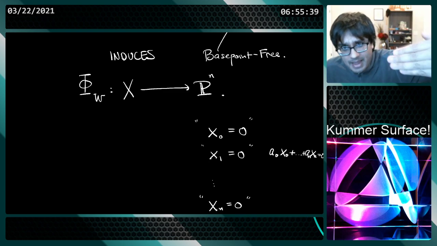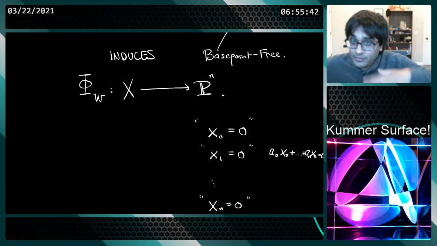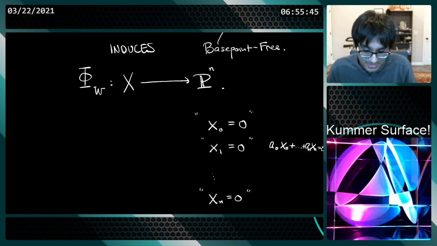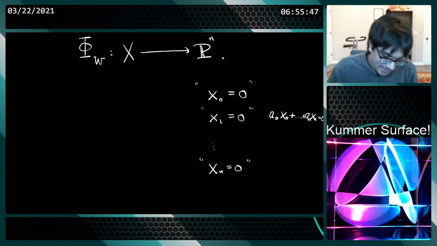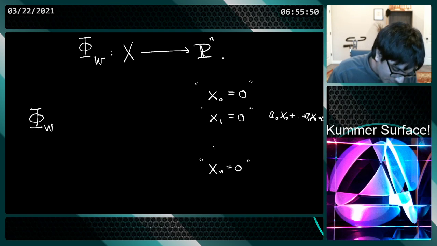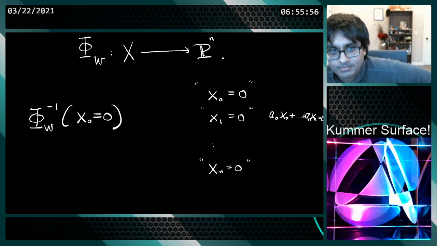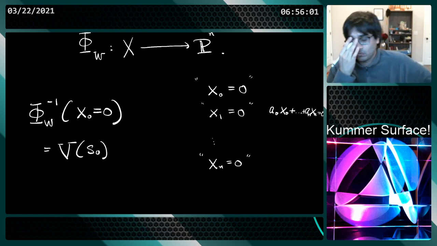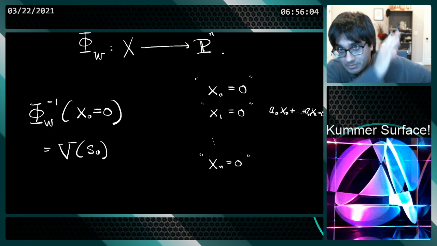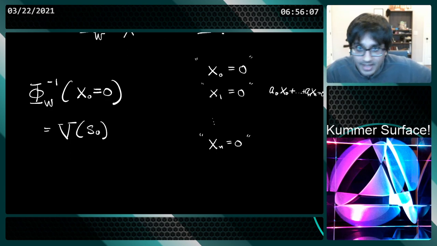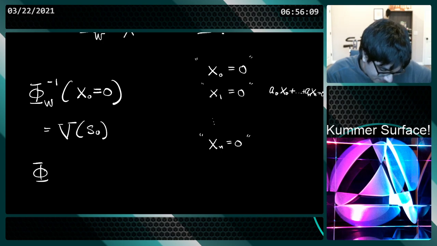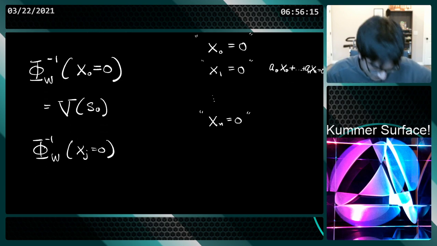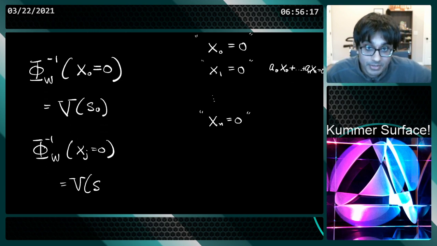Then the way this map is defined, if you wrote it out in charts and so on, is that if you look at the scheme theoretic preimage of this hyperplane, you get the vanishing scheme of S0, according to the vanishing scheme from the beginning of lecture, of just a section. And if you look at just any one of them, you get the vanishing scheme, not just a set.